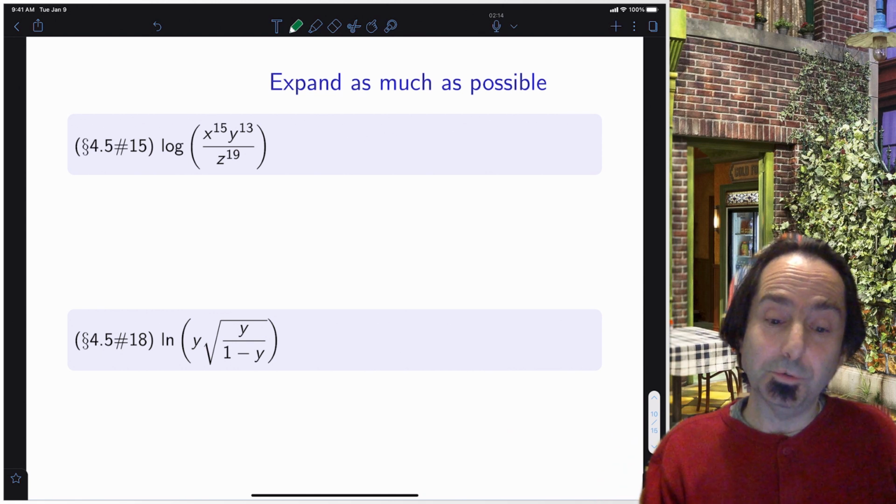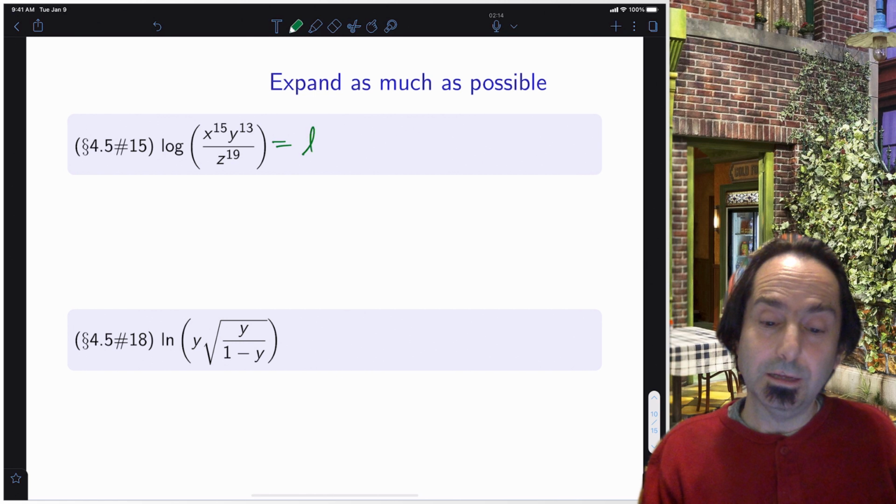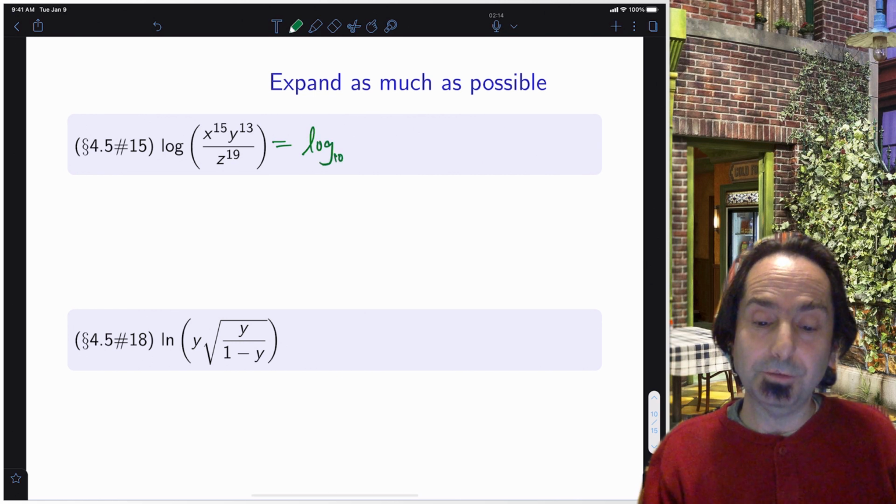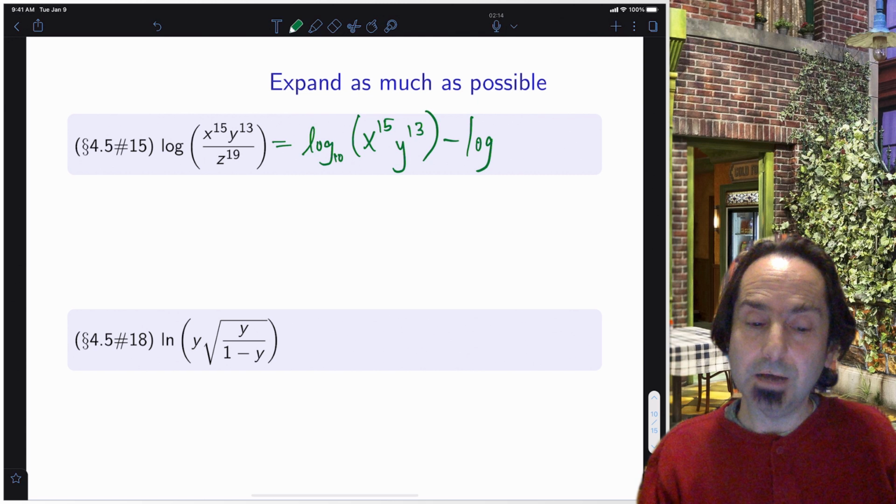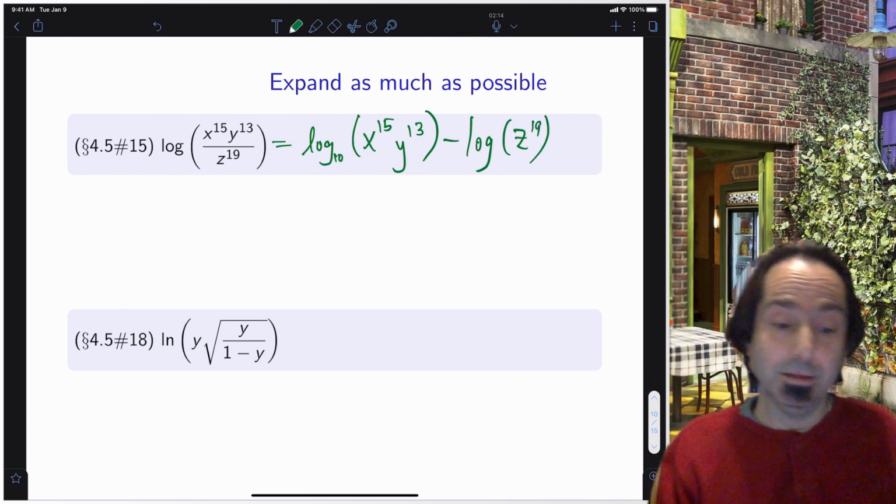Expand as much as possible. Okay, so we may as well go step by step. This is the common log. It's base 10. We don't need to write that. x to the 15, y to the 13, minus common log of z to the 19. We keep expanding and expanding.